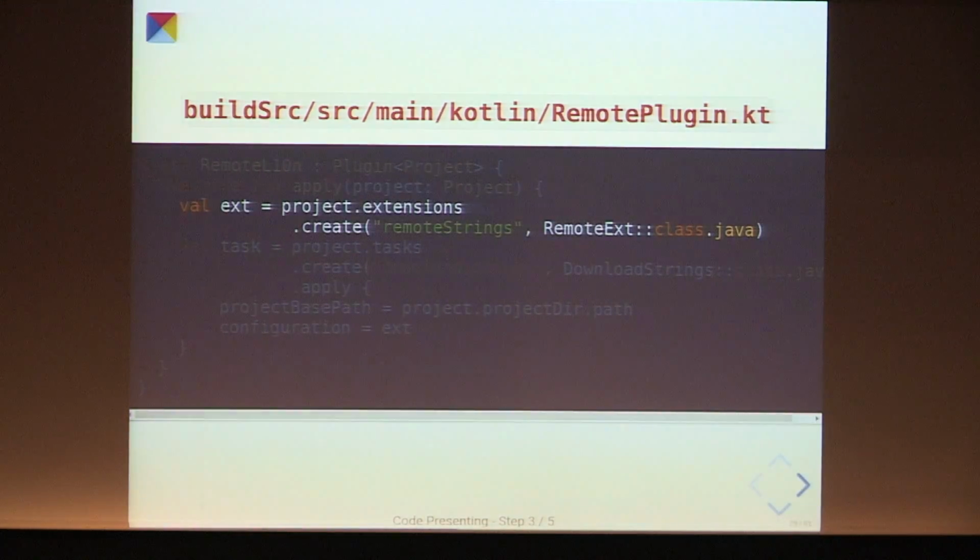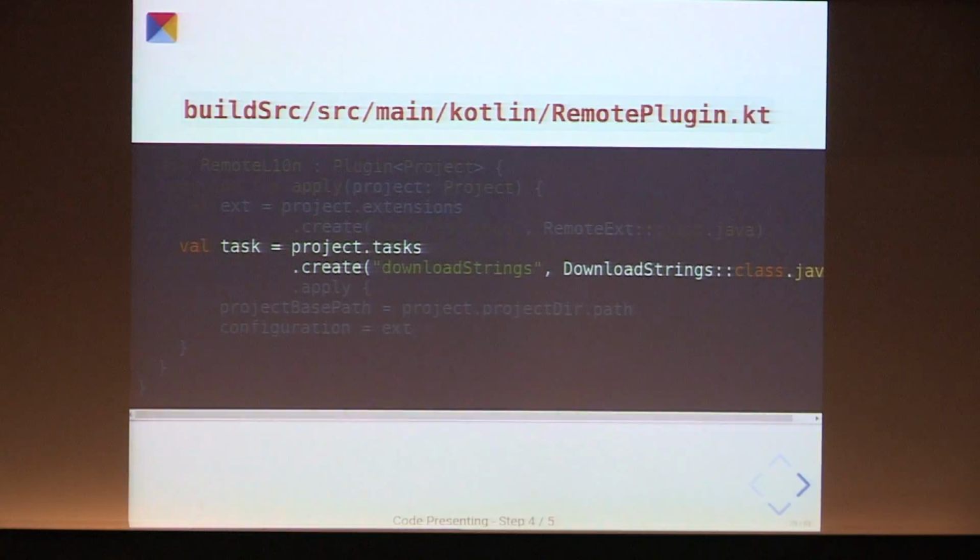So here we're going to create an extension that's going to be called remoteStrings, and that uses our RemoteExt class. So basically this line is going to say, okay, I'm going to create an instance of the RemoteExt class and allow people to configure it using the remoteStrings keyword. Next thing is going to be creating a task. So again, I'm creating a task called downloadStrings, which is going to be implemented by the DownloadStrings class that I created earlier.